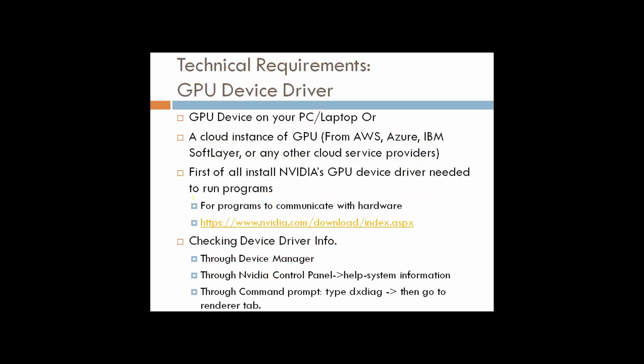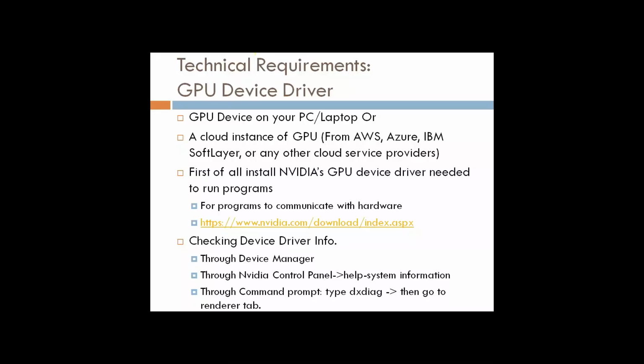Now we come to the hardware. What are the technical requirements if we want to make our PC ready for GPU computing? First of all, we must have a GPU card which is CUDA capable. Not all cards are CUDA capable.